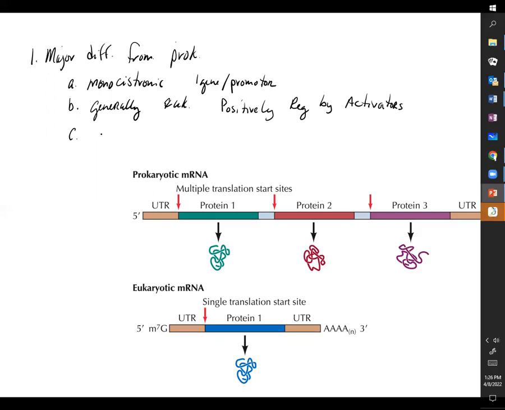Another key difference is that the degree of expression or the degree of a gene being turned on varies. So when we talk about turning a gene on, as I said before, a better word is upregulated. Upregulation in eukaryotes is in the range of 2 to 10-fold increase in expression.